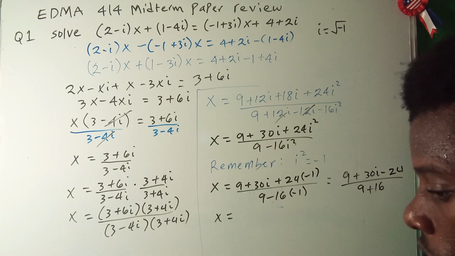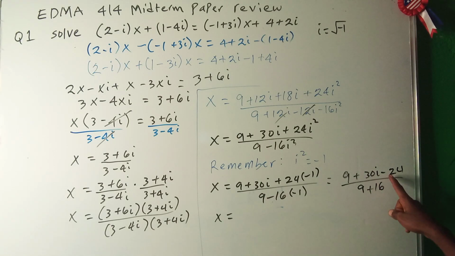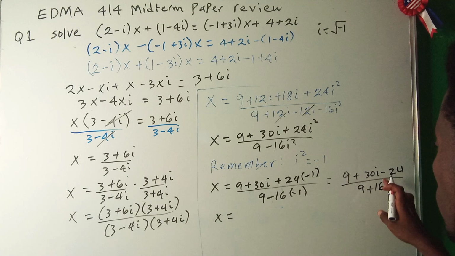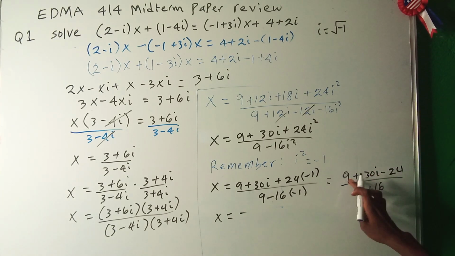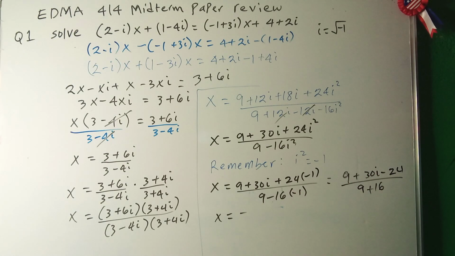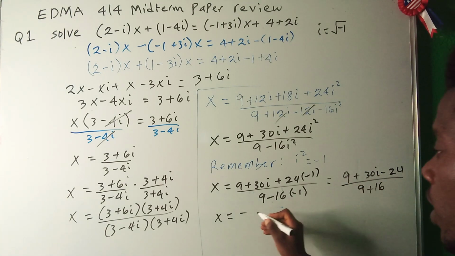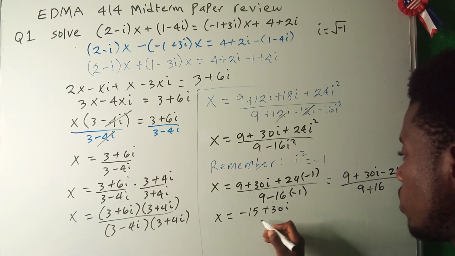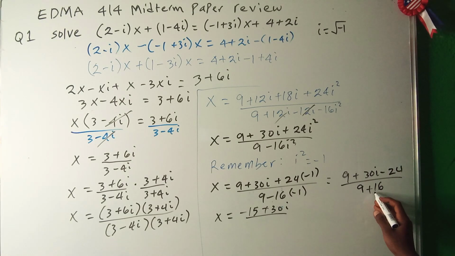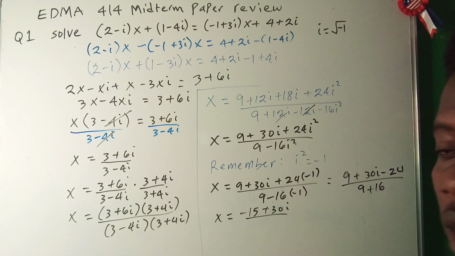Now, if we do the subtraction here, 9 minus 24, we expect to get a negative because this is positive and this is negative. Now, we will actually have negative 15. So that's negative 15 plus 30i, all divided by 9 plus 16, that's 25.